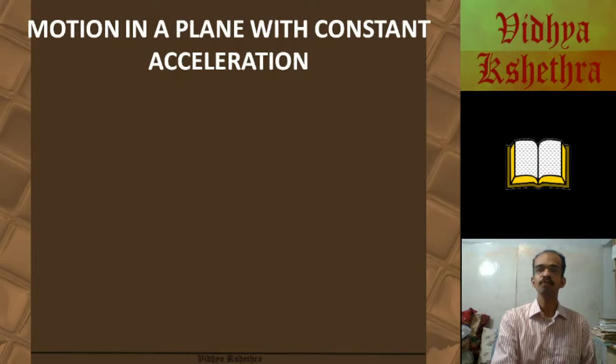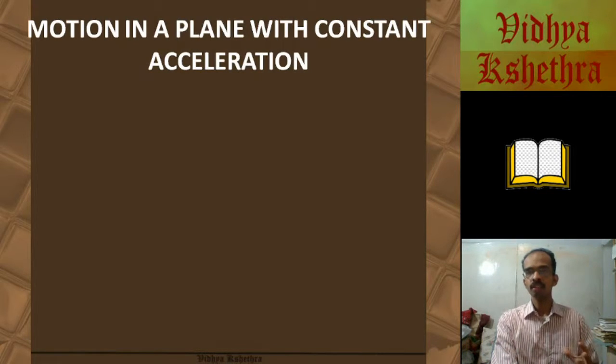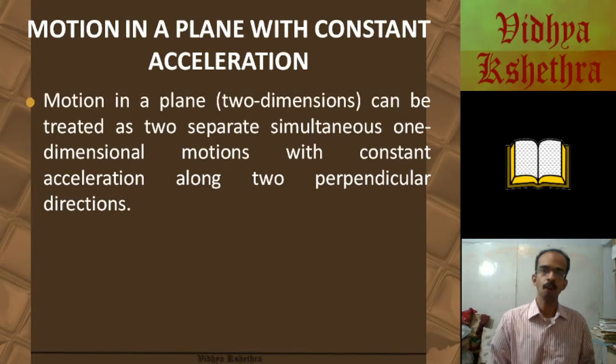Now, motion in a plane with constant acceleration. We have already seen some equations of motion for the case of motion in a straight line with constant acceleration. Now we can see motion in a plane with constant acceleration. In this case, there will be two components of motion, that is along the x axis and along the y axis. Motion in a plane can be treated as two separate simultaneous one-dimensional motions with constant acceleration along two perpendicular directions.